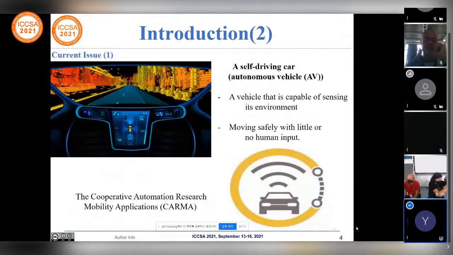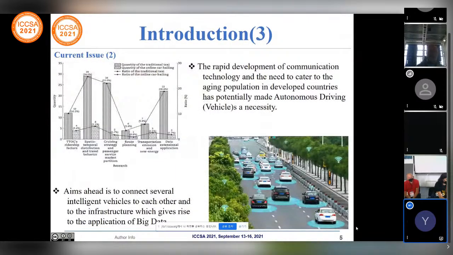So as I said, for saving lives during emergencies, we have a cooperative automation research mobility application called Karma. That platform aims to improve transportation efficiency and safety with automated driving technology, which allows groups of vehicles to travel very closely and safely at high speed, using vehicle-to-vehicle V2X communication to control each vehicle's movement in unison.